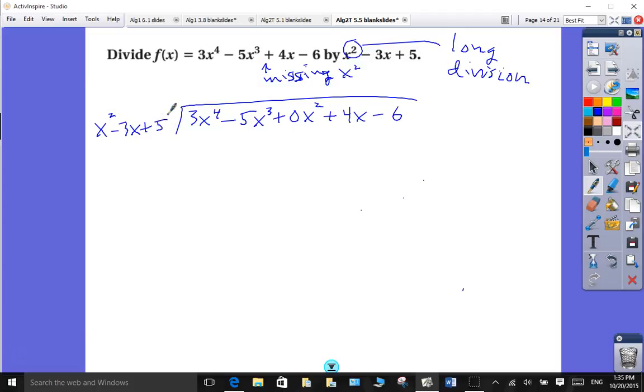Right, what do I multiply times x squared to get 3x to the 4th? 3x squared. Now I'm going to have to distribute the 3 times this multiplication: 3x to the 4th, minus 9x to the 3rd, and plus 15x squared.